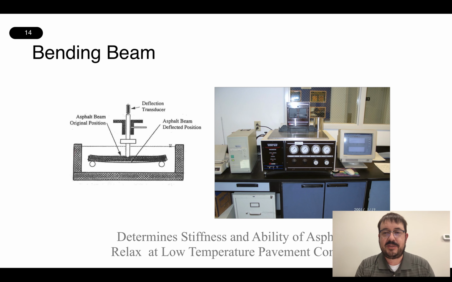And it's critical that asphalt has sufficient flexibility at those low temperatures to provide the asphalt pavement overall enough flexibility to withstand the freeze-thaw cycles and the significant drops in pavement temperature that are frequently seen in Indiana winters.